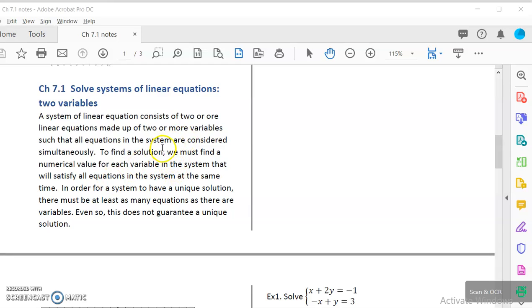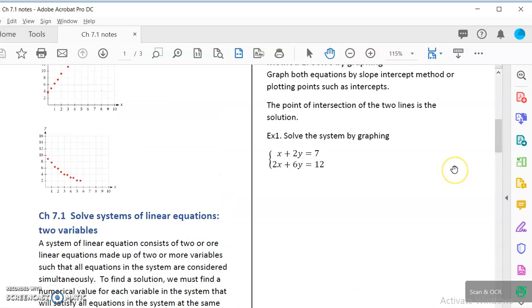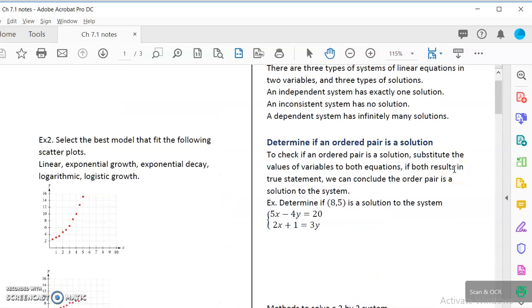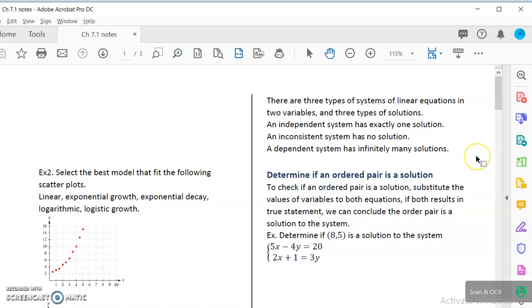Now, for these kinds of equations, because you have multiple equations and multiple variables, sometimes the system may not have a unique solution. Sometimes there is one solution, sometimes there are many solutions, and sometimes there is no solution. So it isn't guaranteed to have one unique solution, just like a regular linear equation.